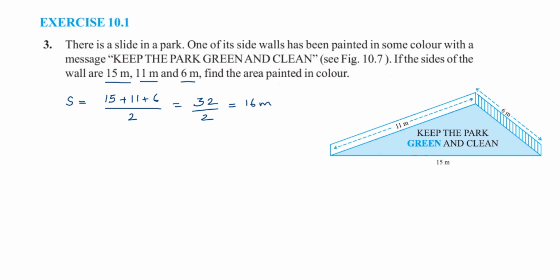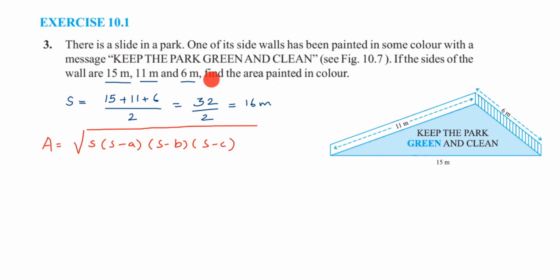Now using this, we have to find the area of this triangular portion or area of this triangle. So for area, we have to use Heron's formula. It is square root of S times (S minus A), where A is the side here, and (S minus B), (S minus C), where S is the semi-perimeter which we found and A, B, C are the three sides.